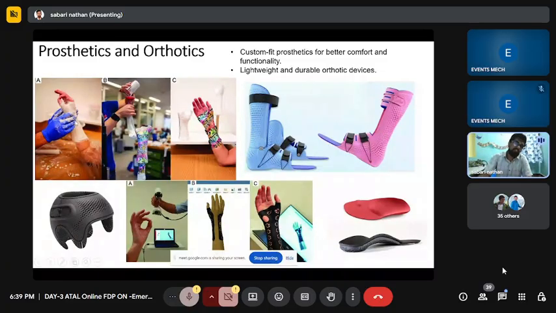In olden days, as you can see in slide A, they used the conventional method. They used plaster of Paris and clays mixed together.